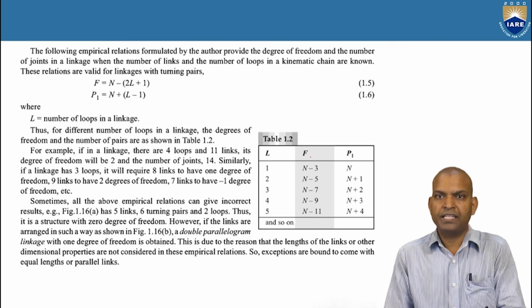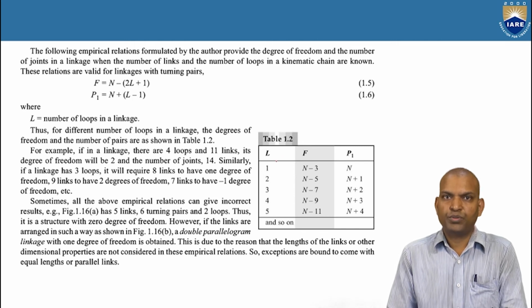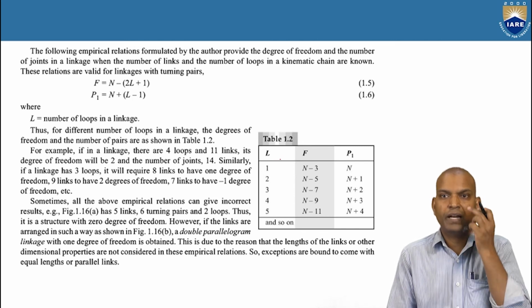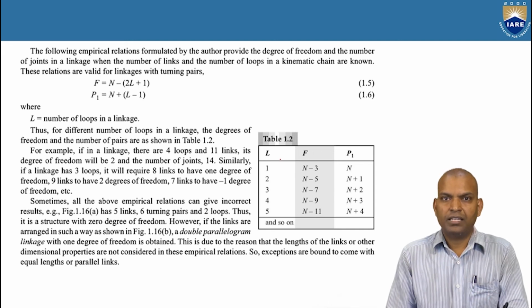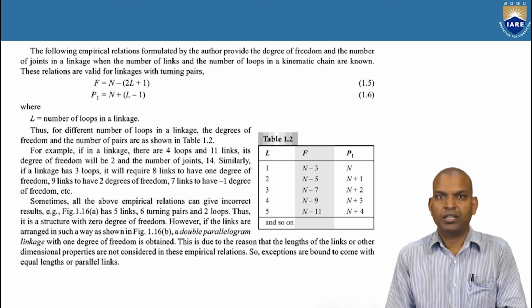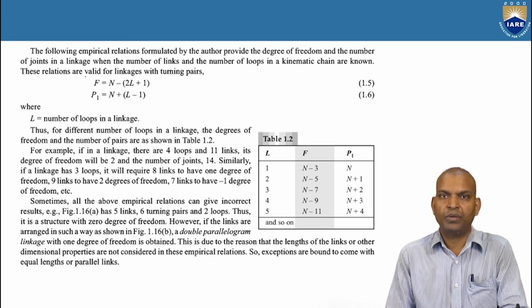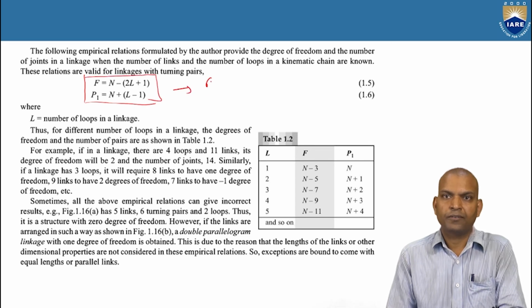So this relation indicates that in some of the textbooks they found out the degrees of freedom based on number of links and number of pairs. In Ratan's textbook they followed a different method, like number of pairs and number of loops, where L indicates the number of loops. This formula is only available in Ratan's textbook.